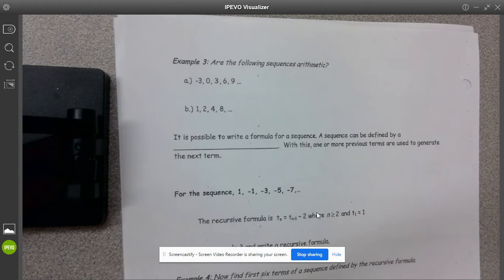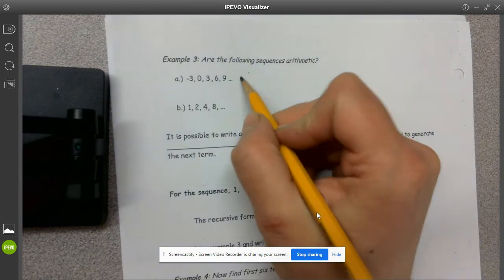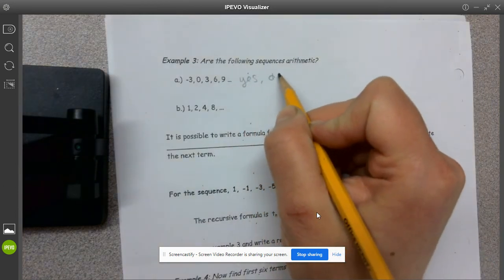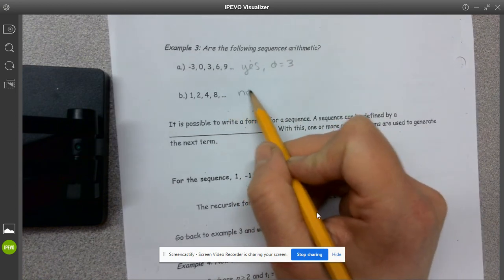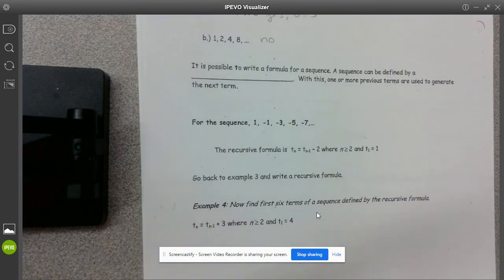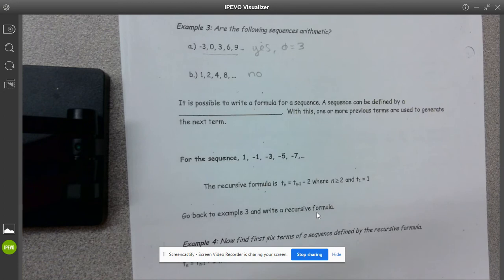Are the following sequences arithmetic? Yes. The common difference is 3. No, there's no common difference. Is it possible to write a formula for the sequence? Okay, so if I asked you to write a formula for that, could you? Yeah, you could.